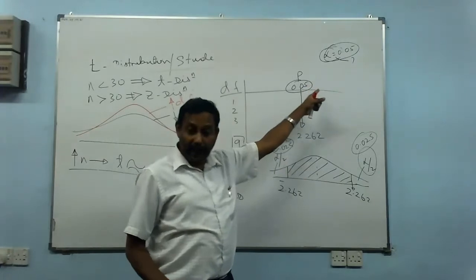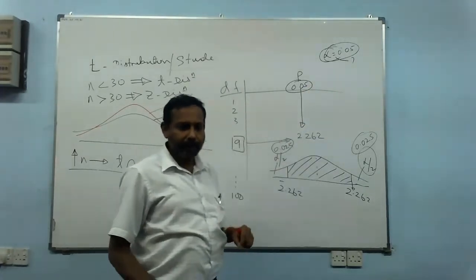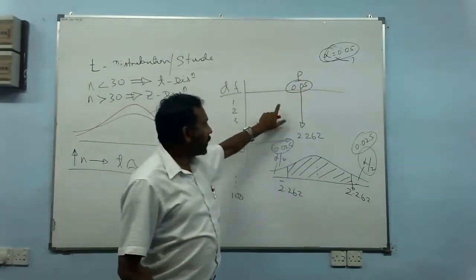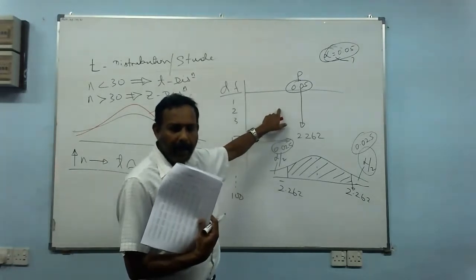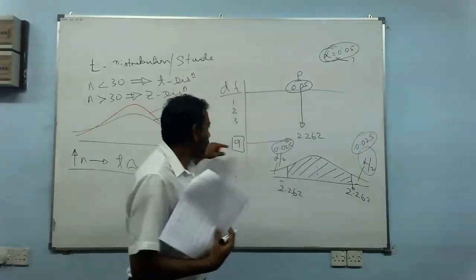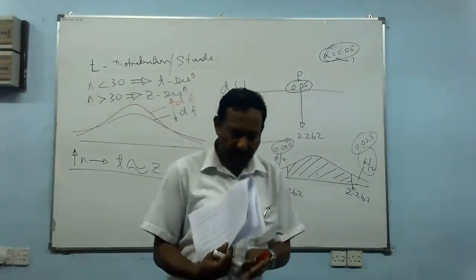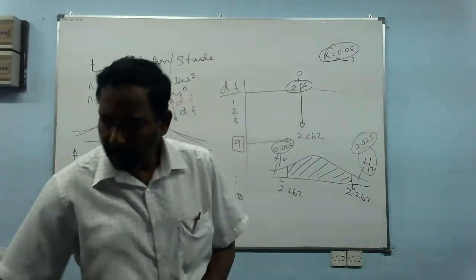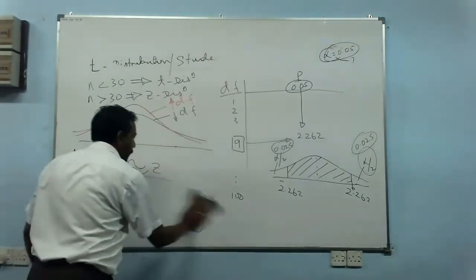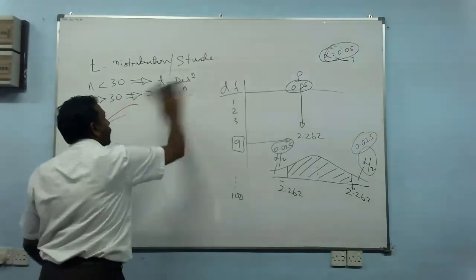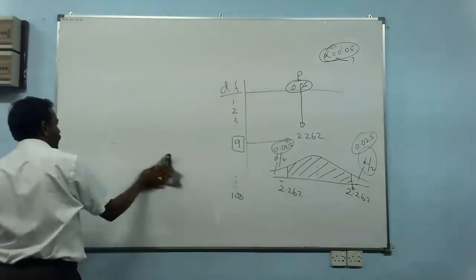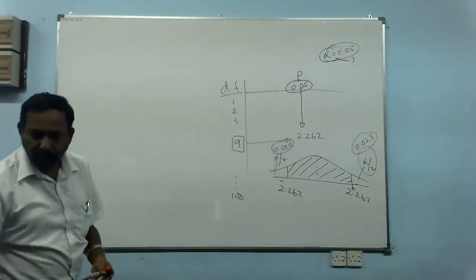What alpha is, we will learn next week. Keep in mind this table is read using the alpha value as the probability value and the degrees of freedom. We will use this next week mostly. So that is about the t distribution or student t distribution. Another distribution that we want to learn is called the chi-square distribution.